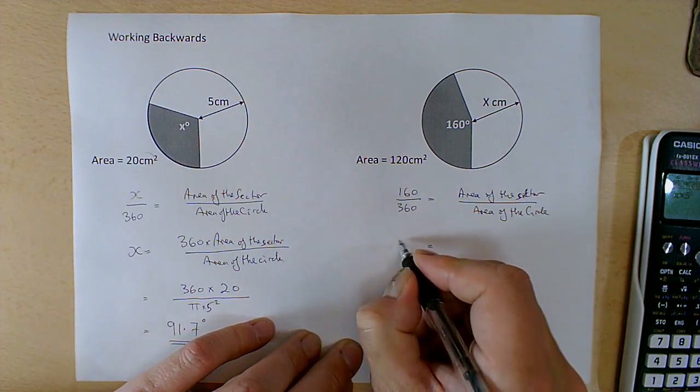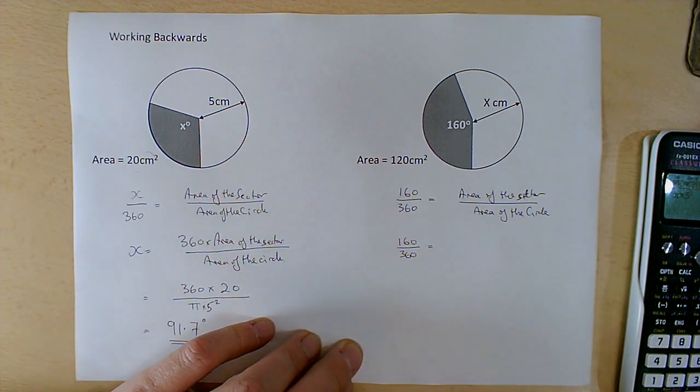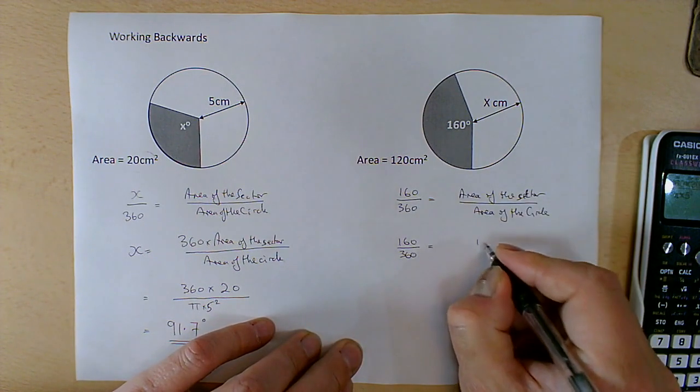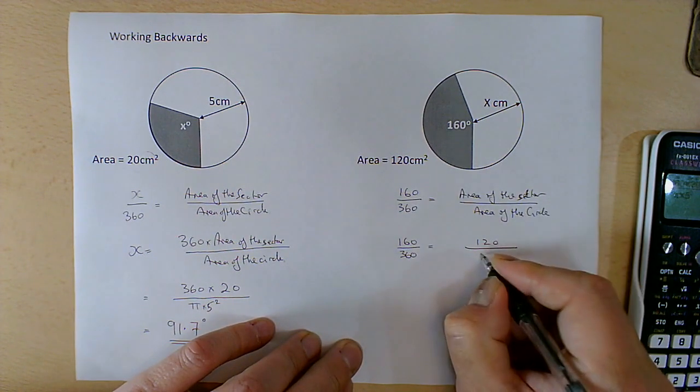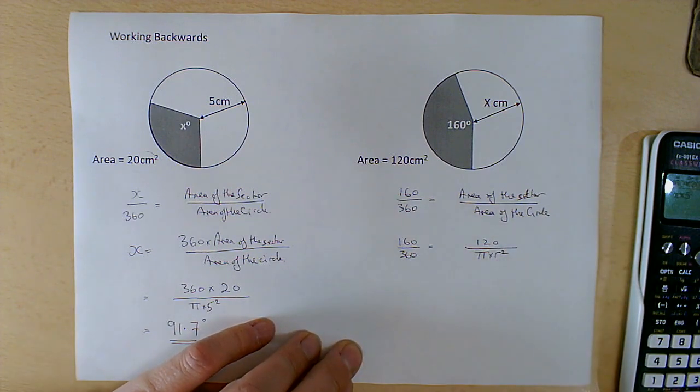But now, of course, we don't have the radius squared, so we've got to do quite a bit of rearranging here before we get things done. So the area of the sector is 120 divided by pi times r squared. We don't know what r is.